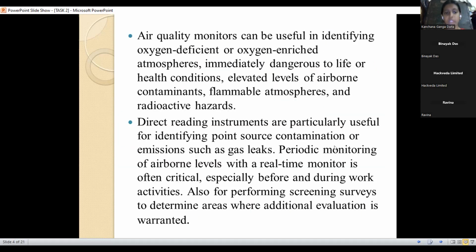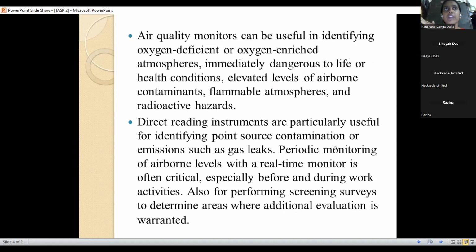And coming to the next thing, direct reading instruments are particularly useful for identifying point source contamination. What is point source contamination? This is, at some point in an area, what is the condition of gases present there? What are those parameters? What are those ratings?